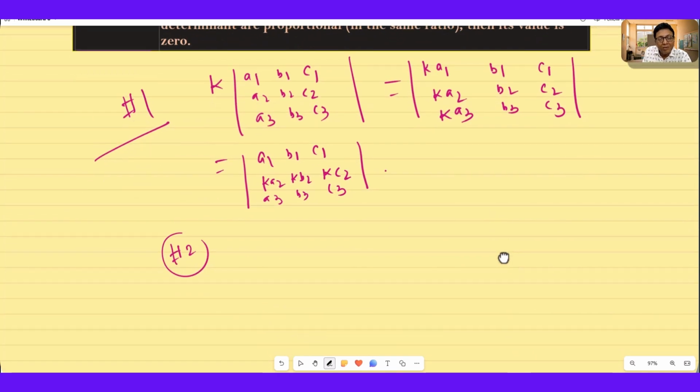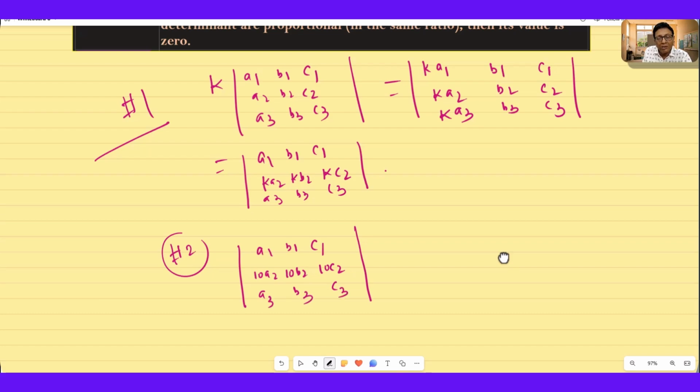Then it will be, say, A1, B1, C1. This is 10A2, 10B2, 10C2 and A2, B2, C2. No, you take it the same manner, that is A3, B3, C3.